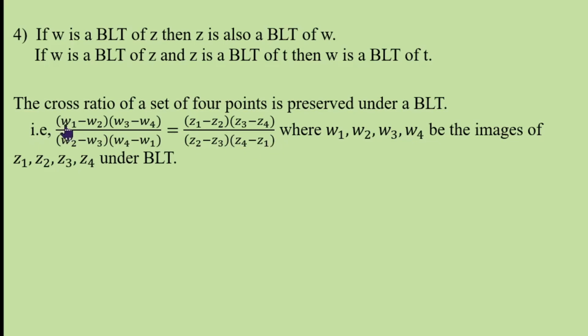That means replace W1 by W and Z1 by Z, and W2, W3, W4 are replaced by W1, W2, W3, and Z2, Z3, Z4 are replaced by Z1, Z2, Z3. Then you are able to find the BLT, bilinear transformation, if the three sets of points are given.